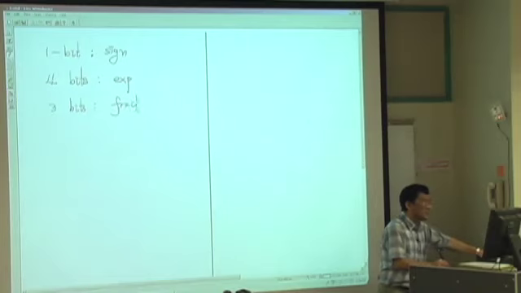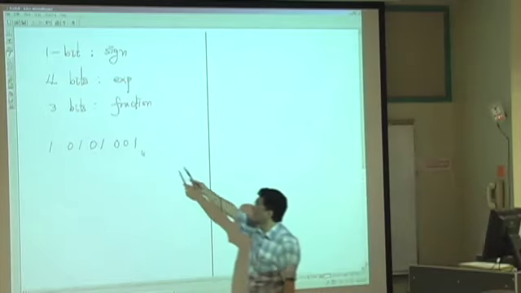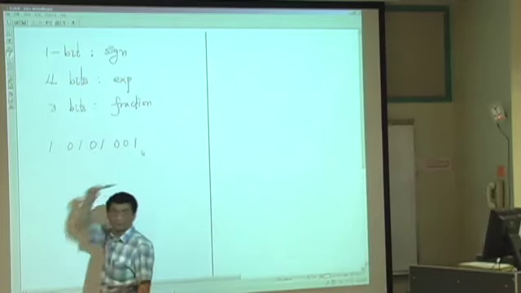So I changed the design. Then what does this mean? Please find the number represented by these bits.